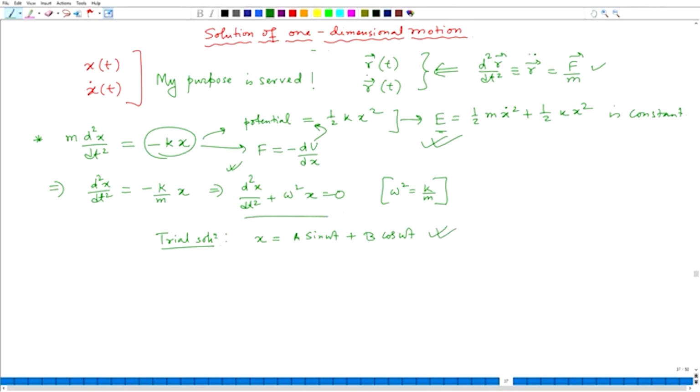Because if I do dx dt, that will be a omega cos omega t minus b omega sin omega t, and d2x dt2 will be equal to minus a omega square sin omega t minus b omega square cos omega t.